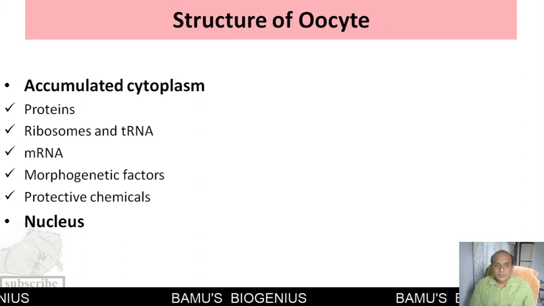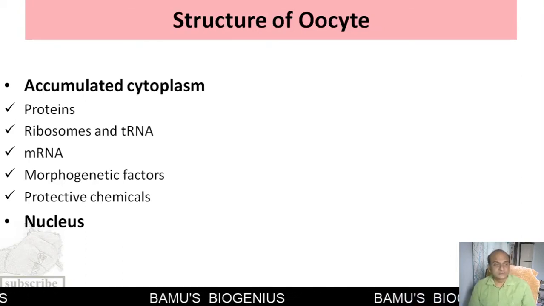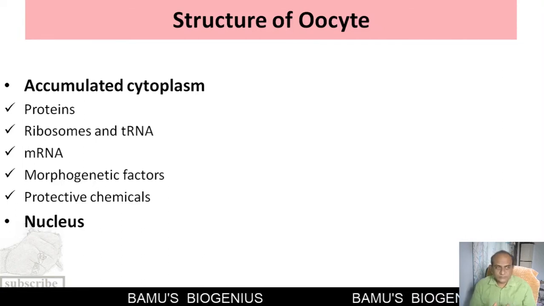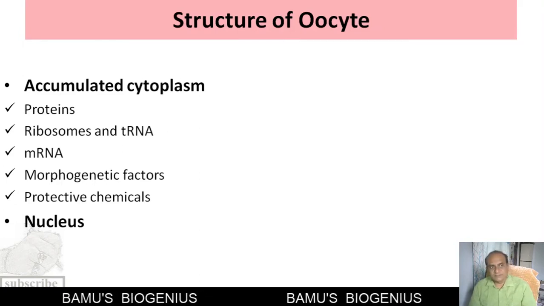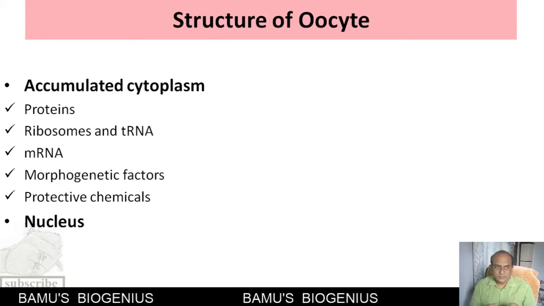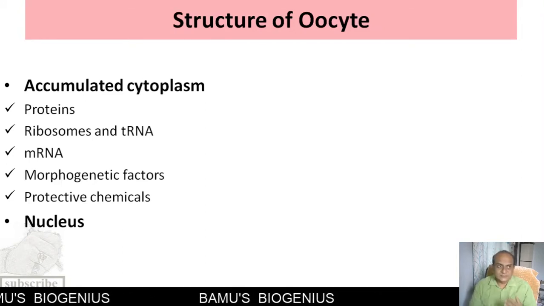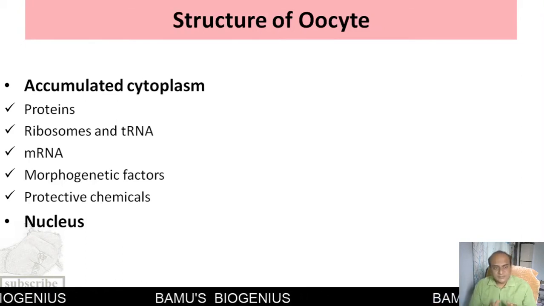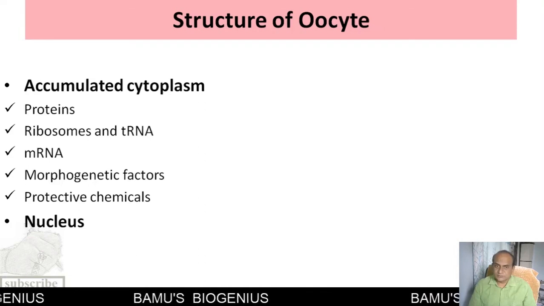Then morphogenetic factors are also present. Now, what do morphogenetic factors mean? These morphogenetic factors are nothing but transcription factors or proteins that govern the synthesis of a particular type of protein from the DNA, and these morphogenetic factors are responsible for the differentiation of a cell.